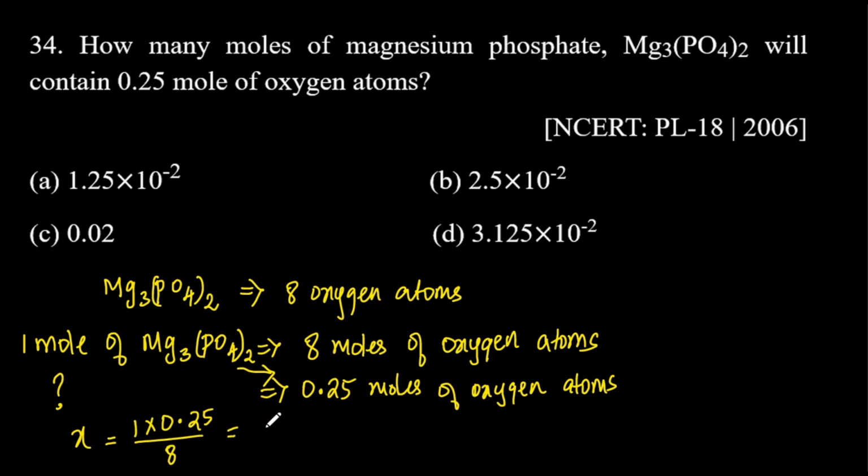So you will get the answer as 0.03125. So here the answer should be in 10 power minus 2. So you have to bring the decimal point after 2 places. So 3.125 into 10 power minus 2. So this is the number of moles of magnesium phosphate that is going to have 0.25 mole of oxygen atom. So the correct answer is option D.